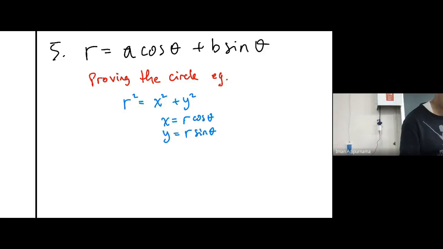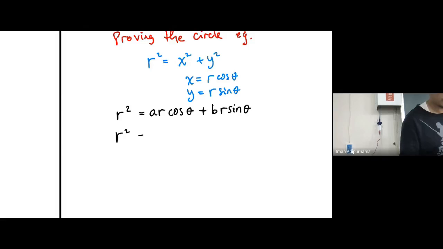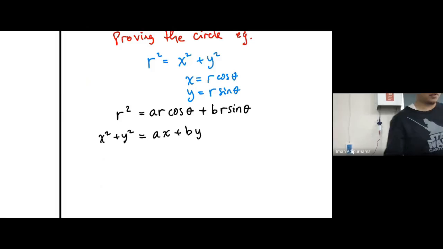So let's multiply by r. And then you get, let's make the r squared become x squared plus y squared, and this becomes ax plus by.